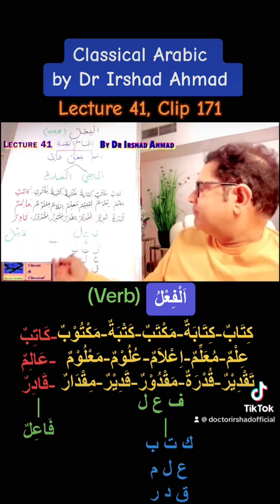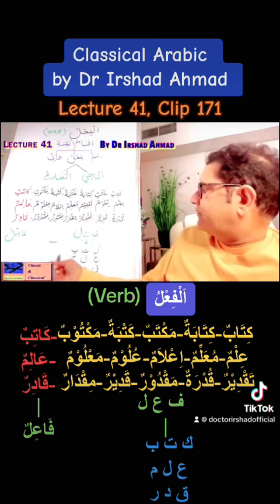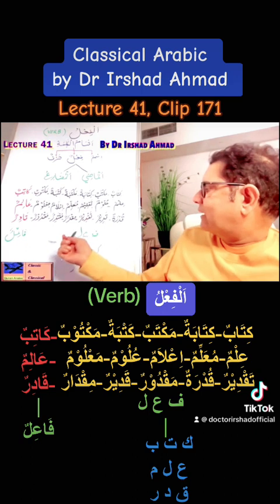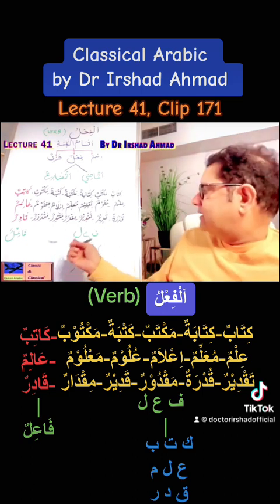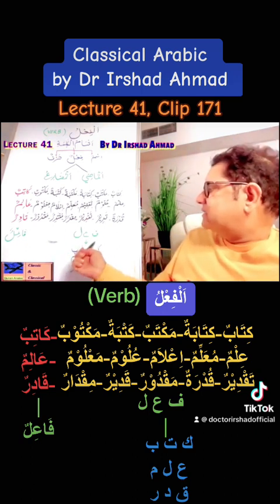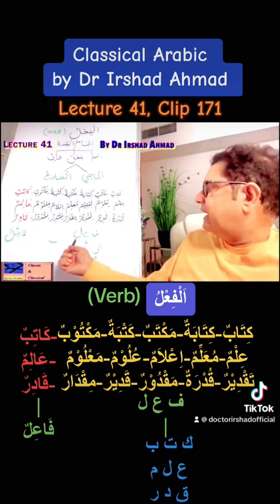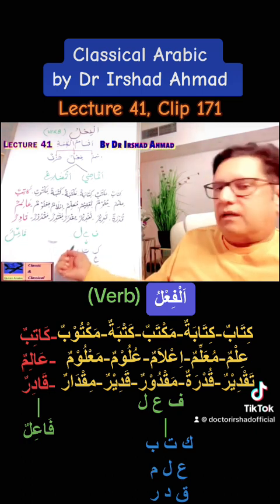So we can recap that the first radical is called fa kalima, the second radical is called ain kalima, and the third radical is called lam kalima.